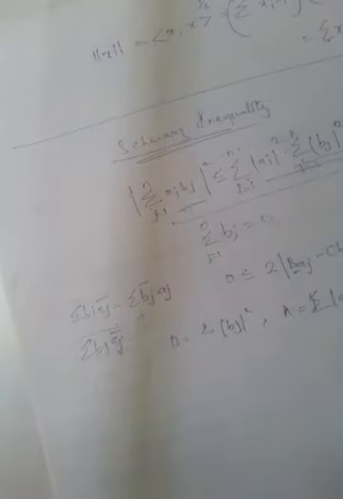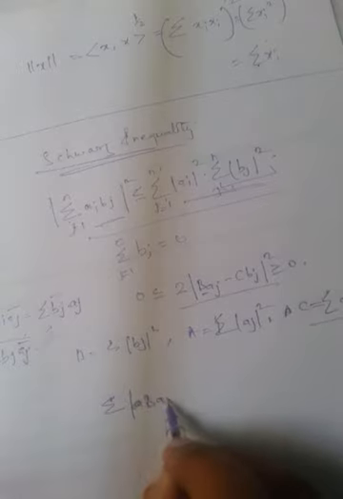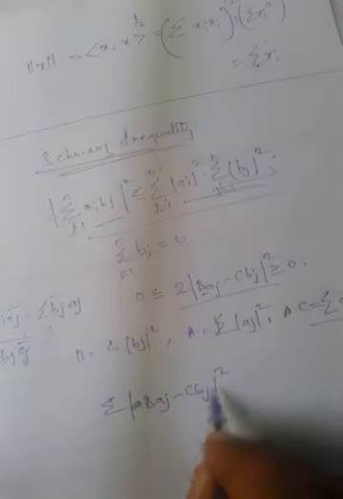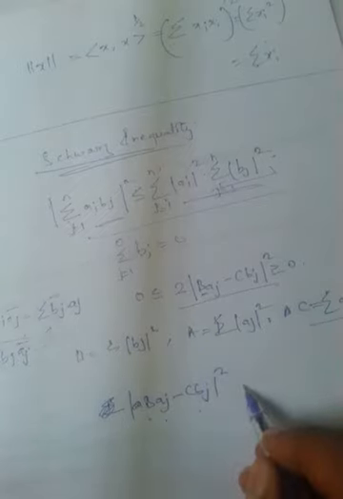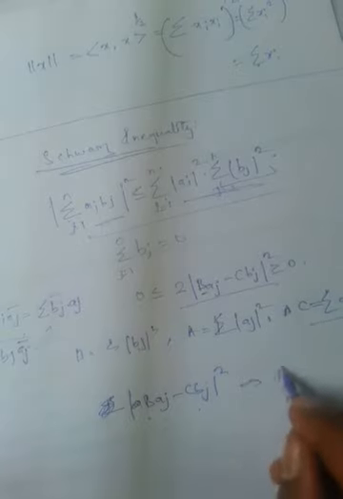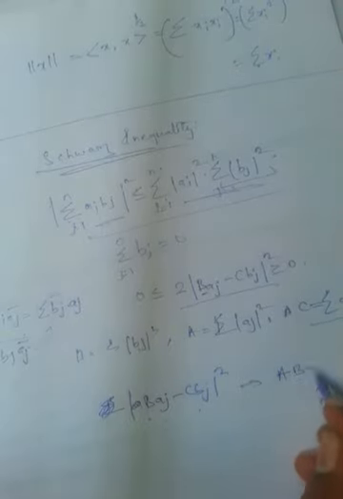And for this we have considered this one. Take the summation of |b aj minus c bj| square, because we know that if it is greater than or equal to 0, from this we can get ab minus c square greater than or equal to 0.